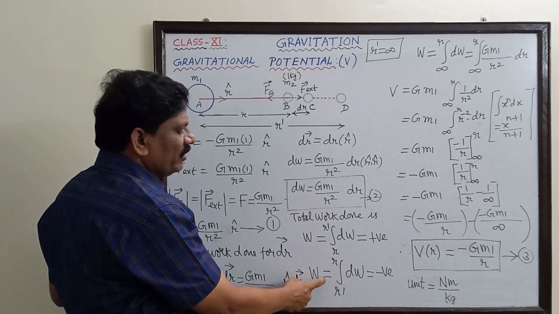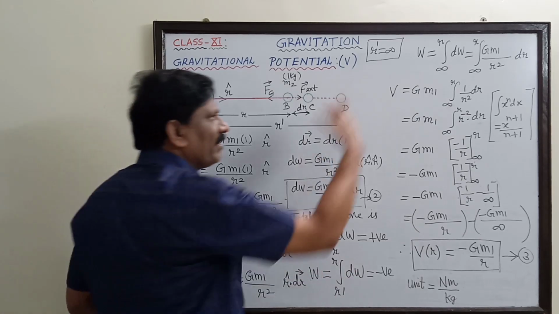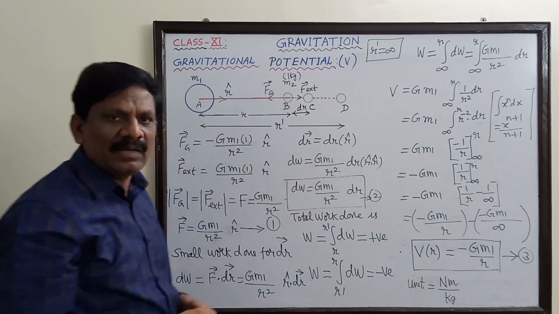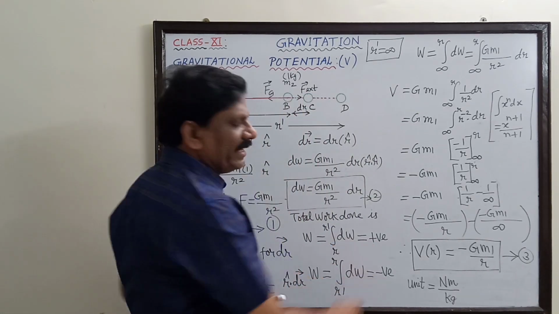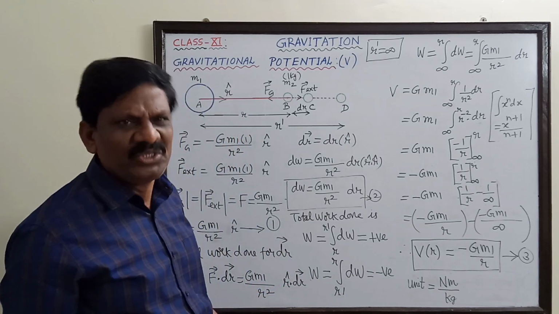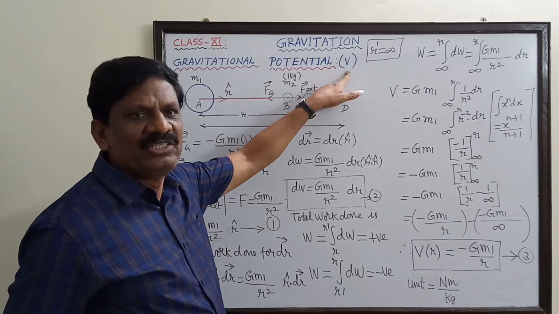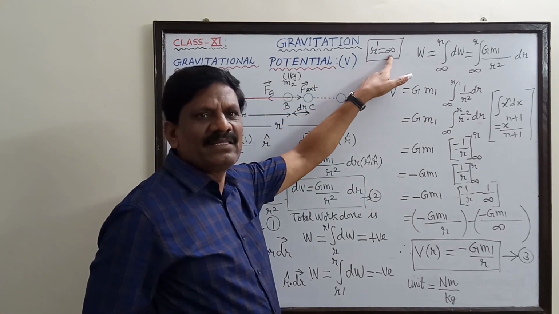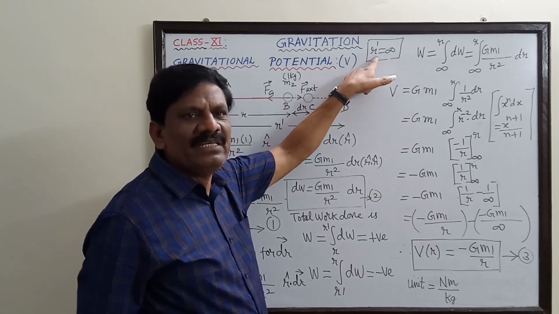It is also equal to integral dW from r dash to r, means from infinity up to the point B. So in the first case work done is positive, in the second case work done is negative as usual. But here specifically for gravitational potential, this r dash is taken as what? Infinity.